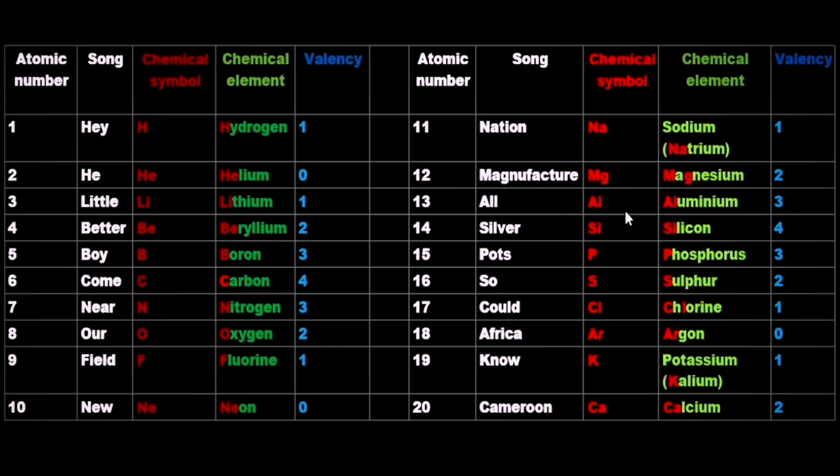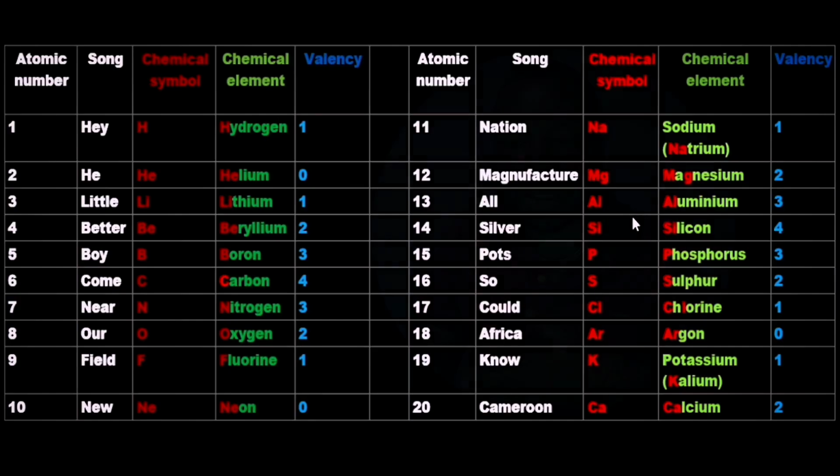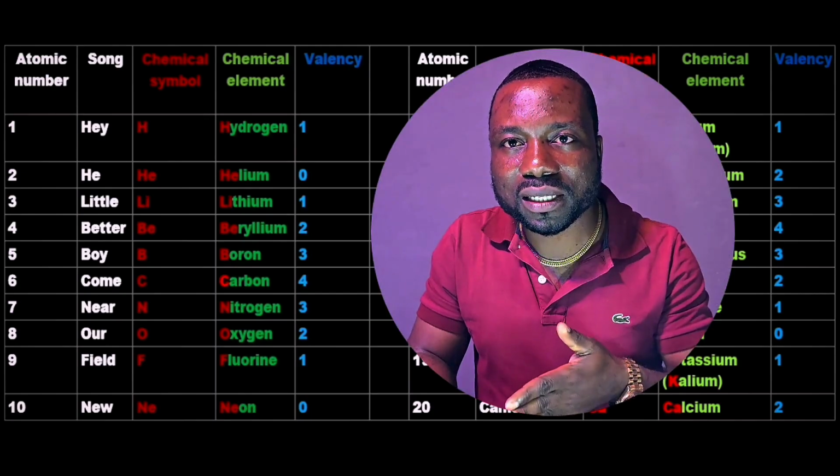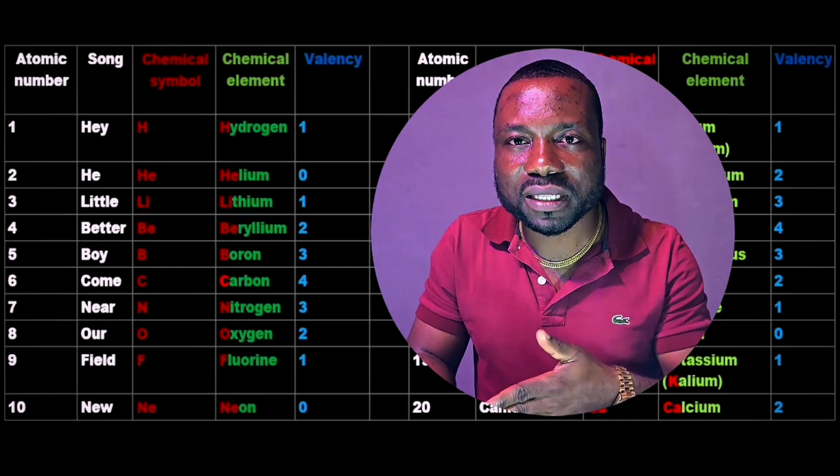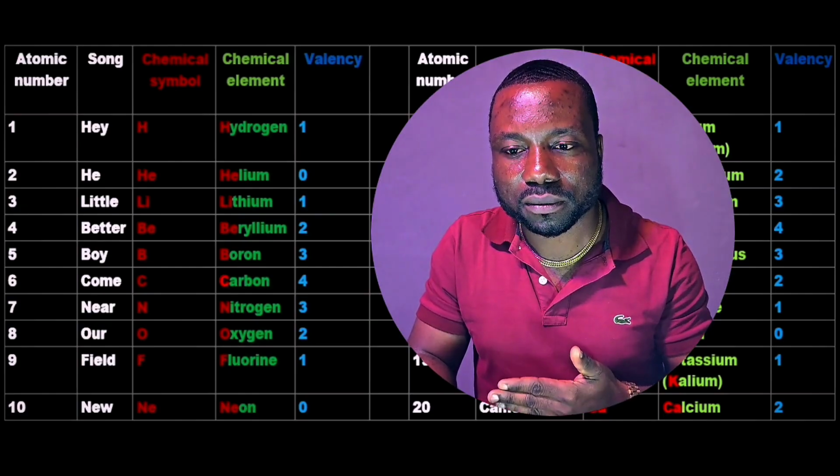So if you understand this, you have no stress when writing the chemical symbols of elements. So these symbols are the internationally accepted symbols for the different chemical elements.